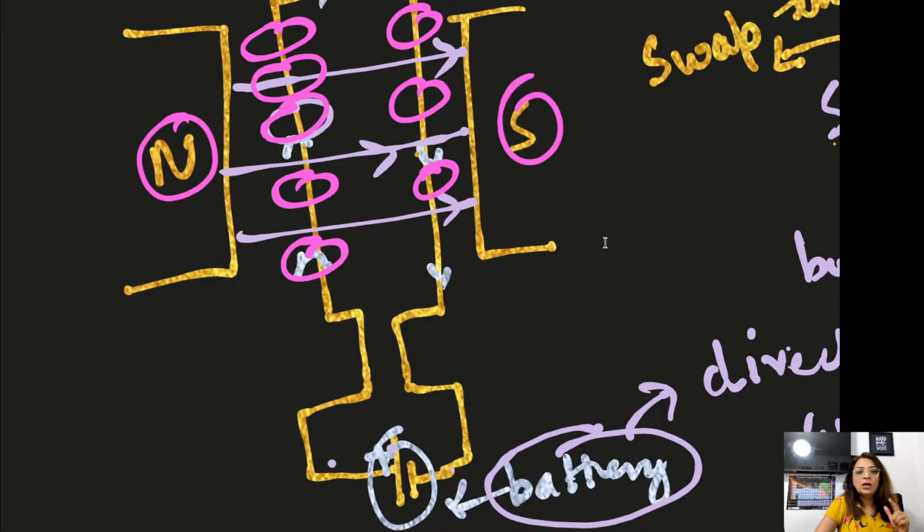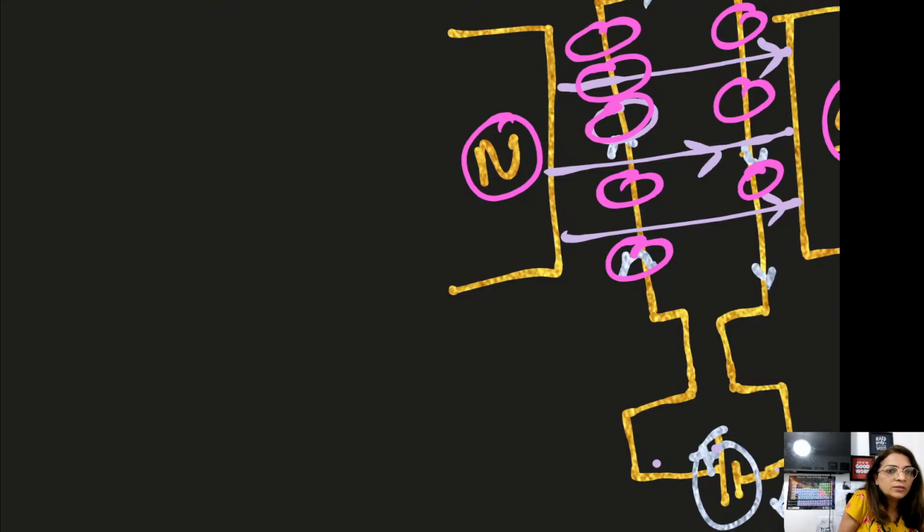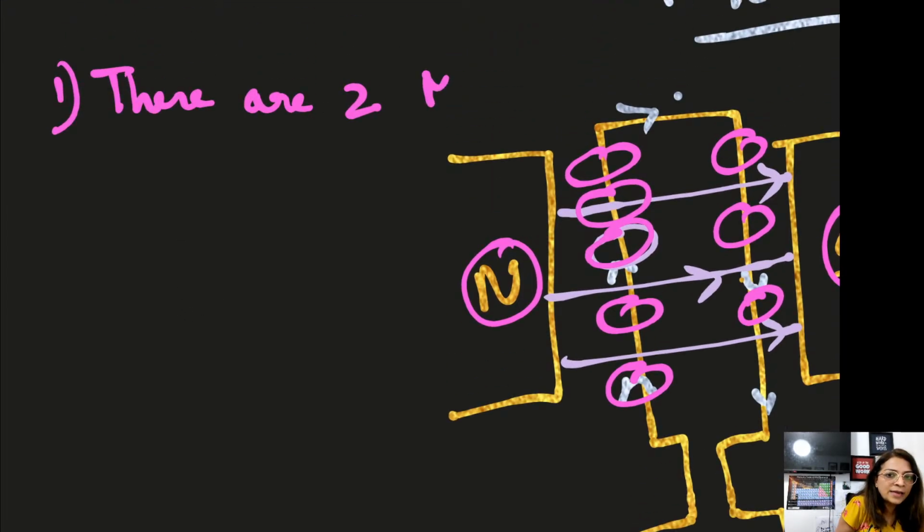I'm going to write it down, yeah? Number one, there are two magnetic fields, MF. Now type in the chat as I ask you a question. One from what?